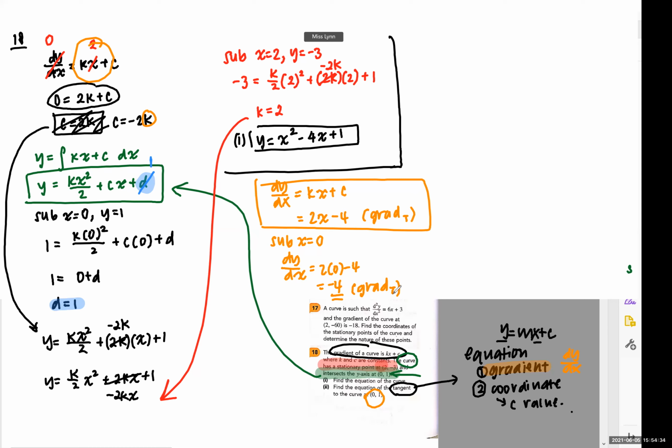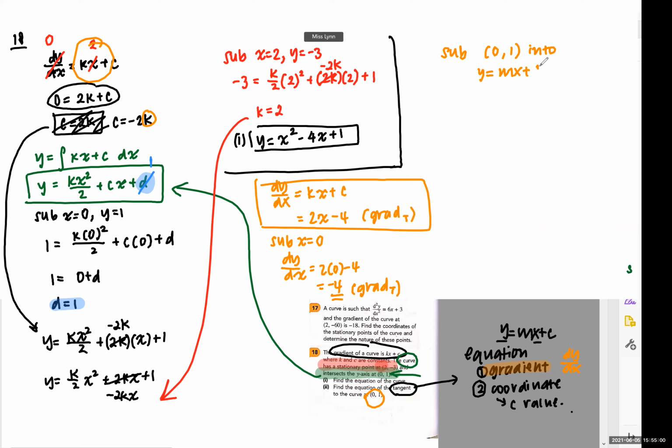Do you think right now we can go and find my c value? Yeah, in my 0, 1, right? The y equation is always y equal to mx plus c.